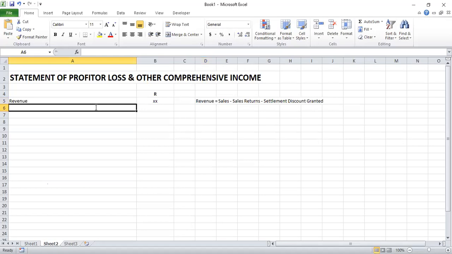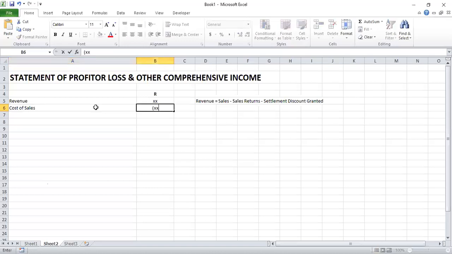Then we deduct our cost of sales. For cost of sales there are two scenarios. If using the perpetual inventory system, cost of sales will be given.